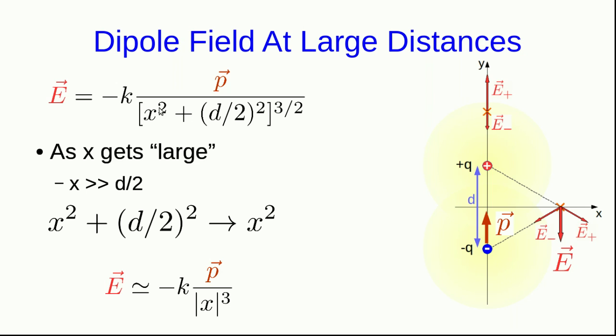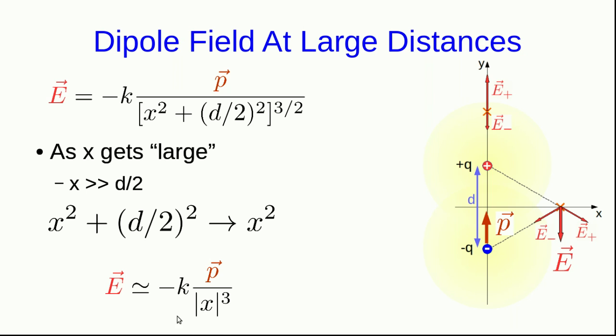You can see that. We can simply replace this expression with x squared, and we have x squared to the 3/2, which is x cubed. And the absolute values are necessary because whether we're on this side of the axes or on this side of the axes, the E-field points down, opposite the direction of the dipole moment.